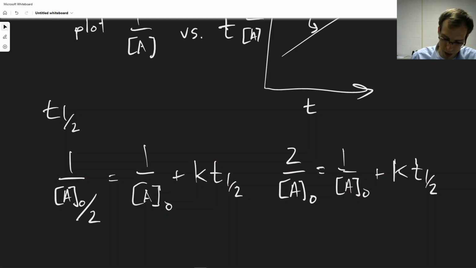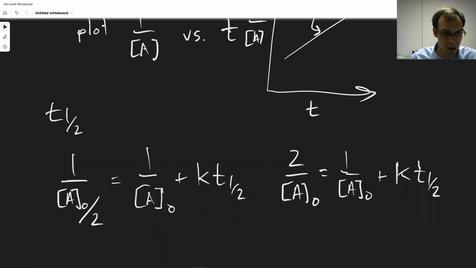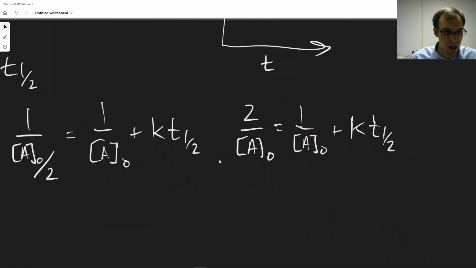We'll subtract 1 over A naught from both sides, and then divide by k. So that will give us that t1/2 is equal to 1 over k times A naught.